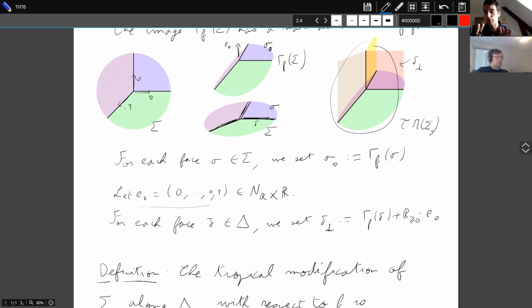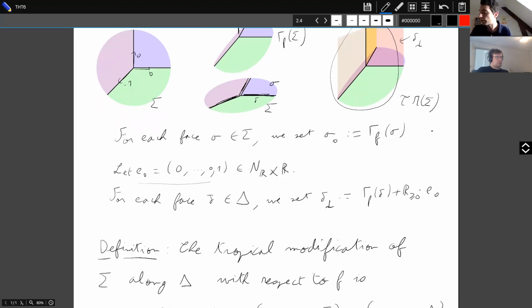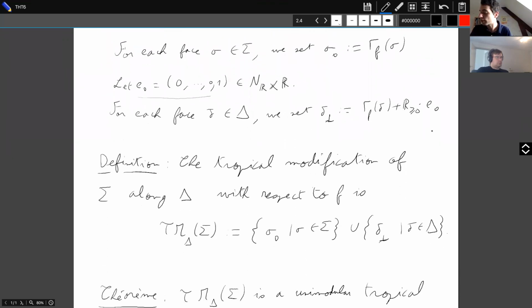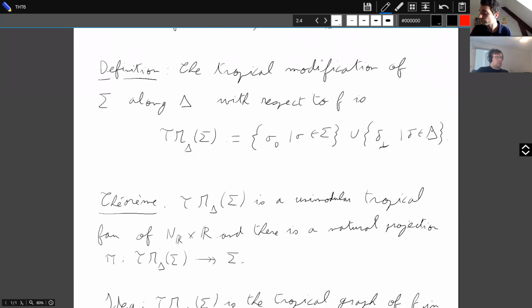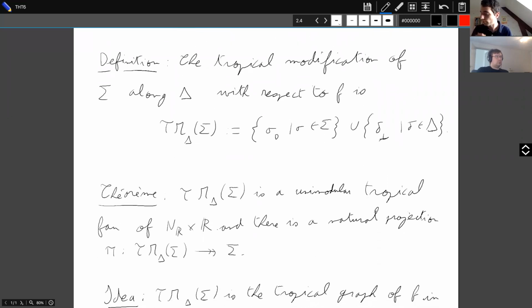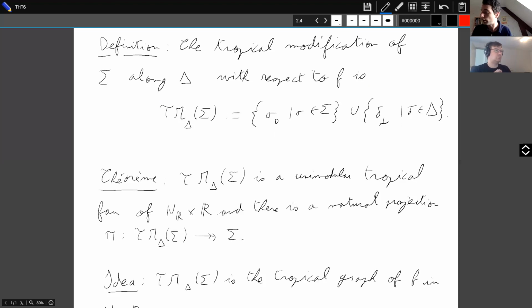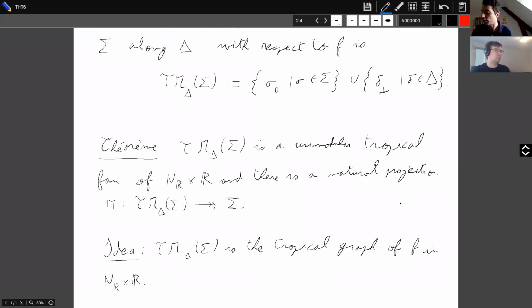Okay, so it looks a bit like a blow up, like in algebraic geometry. But in fact, it's better to see it as, yeah, so first, theorem, it's really a unimodular tropical fan. And there is a natural projection in the other direction.